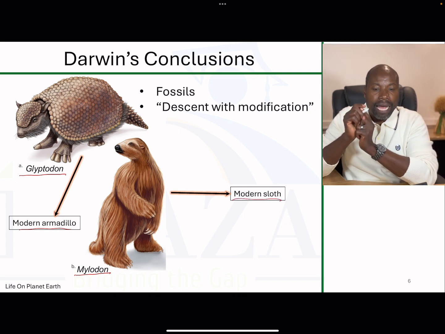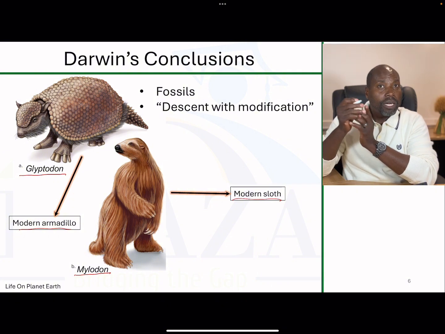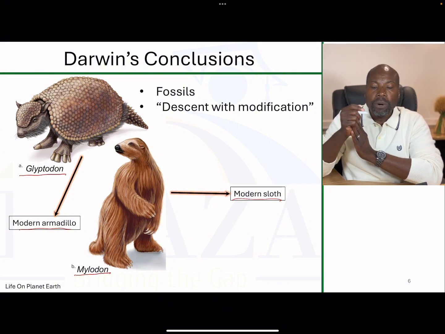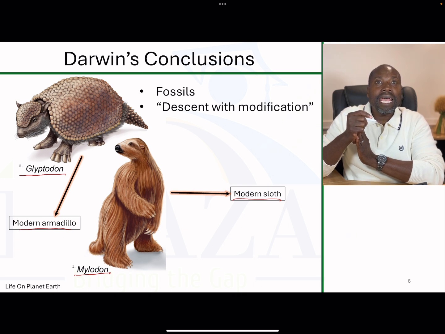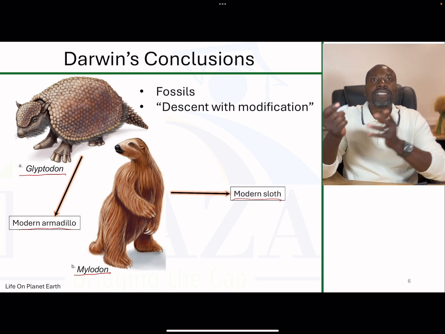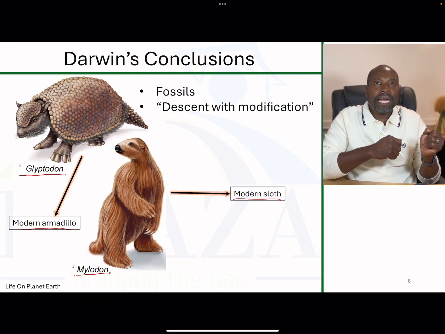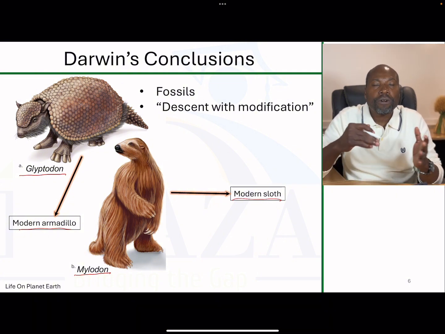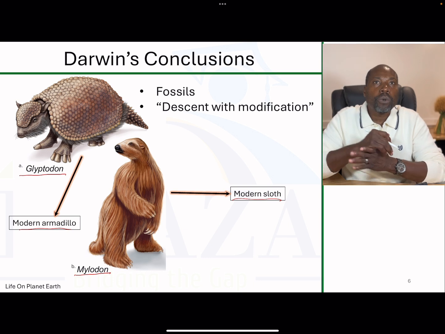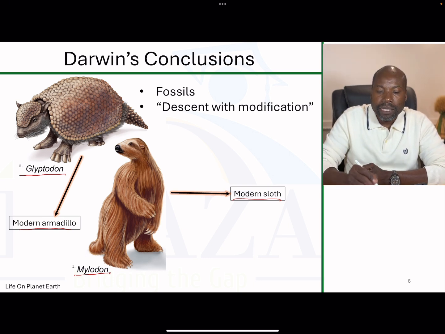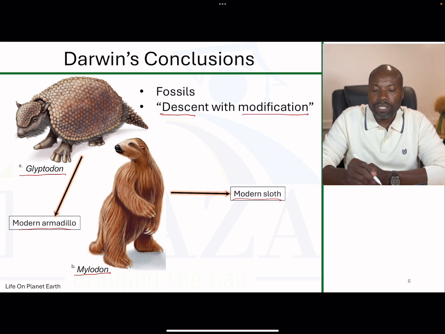They concluded that, well, it looks like the modern armadillo and the modern sloth had an ancestor that existed before, but that got modified over a long period of time. So we call this concept descent with modification.